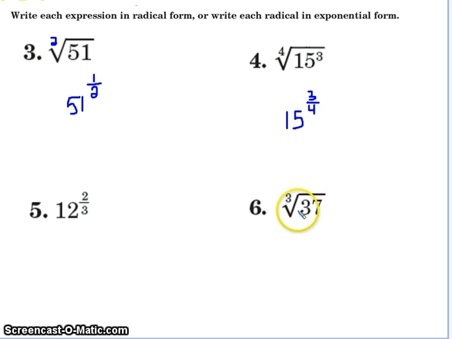Here we're changing from radical form to exponential form. So we have our 37. It is not raised to any power underneath the radical, so that means our numerator is going to be 1 and our denominator is the root, so it's going to be 37 to the 1/3. These problems aren't taking very long at all. That's good news.